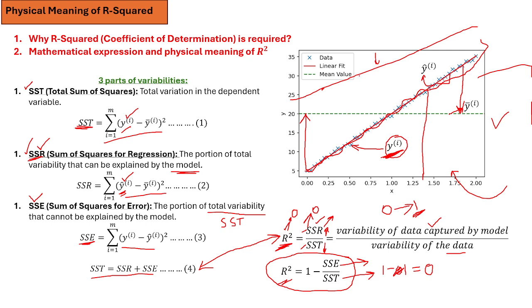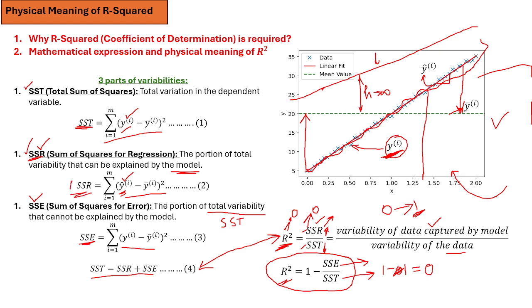But as we move the prediction line up, we consider this distance h to be extremely high, say h tends to infinity.